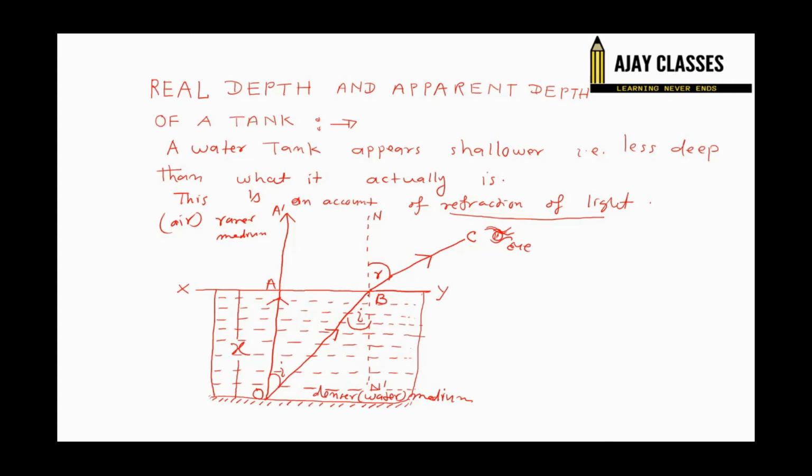What happens then? The observer observes that the ray of light is not coming from the actual point O at the bottom of the tank, but from a new point where the image of the bottom is formed, and this dotted line is the direction from where the light appears to come. This is the point I, where the image of the point O is formed just above the actual position of the bottom.